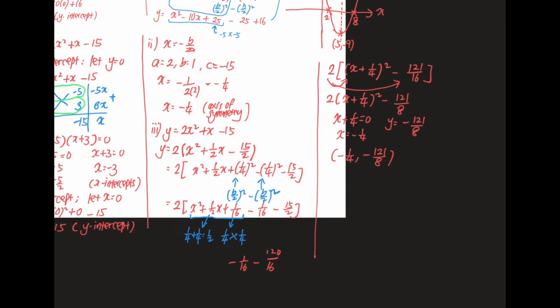Whenever it is a positive value, that means we have a minimum point. Our graph is a happy face graph, with a minimum point over there. Because of that, this is a minimum point. What we need to do now is sketch the graph.